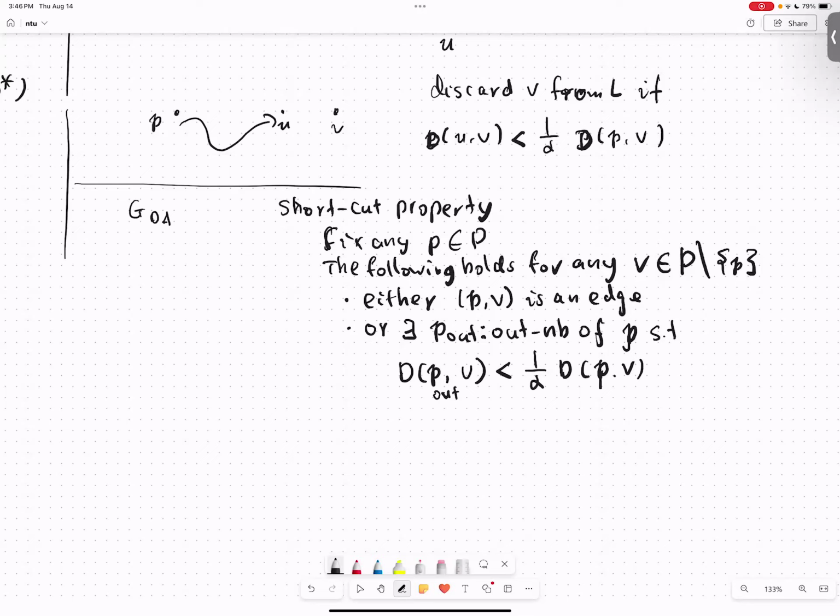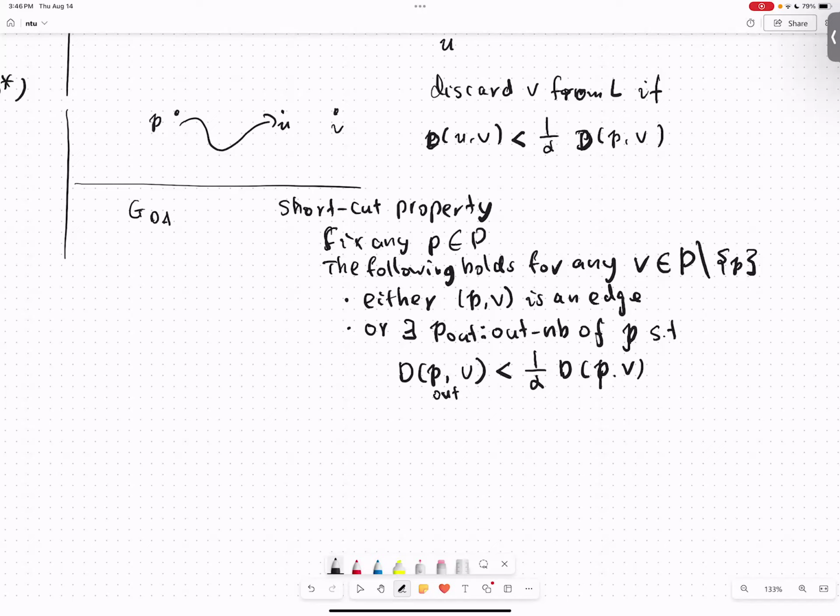You look at any vertex P, and you look at any other vertex V. Either V is an out neighbor of P, so I already have a flight from P to V. But if I don't, then I definitely have an out neighbor with a flight that can bring me much closer to the destination.